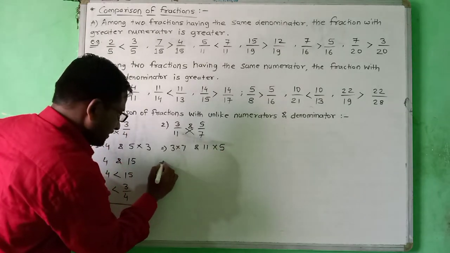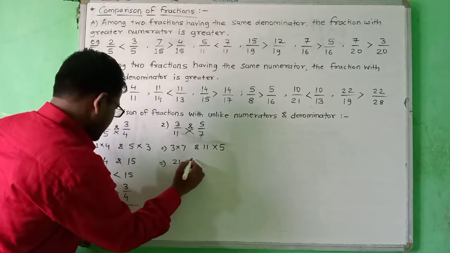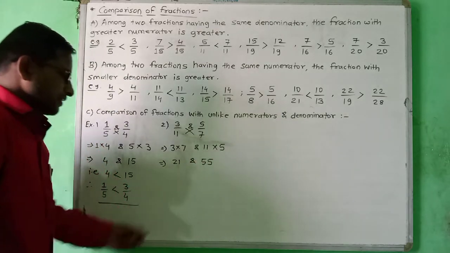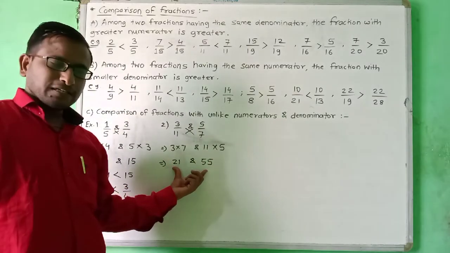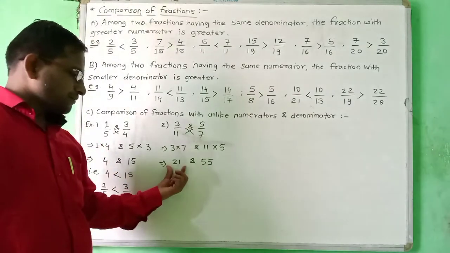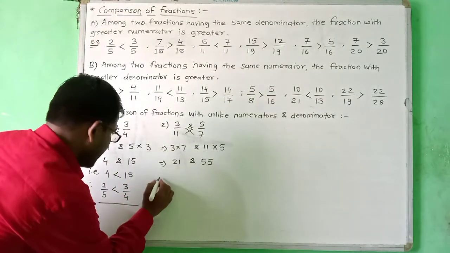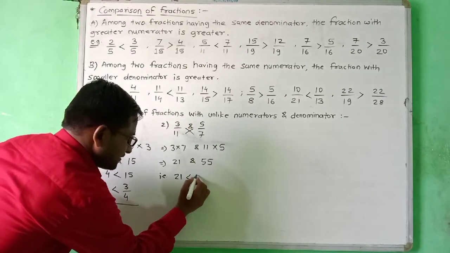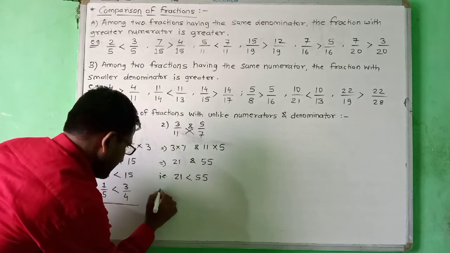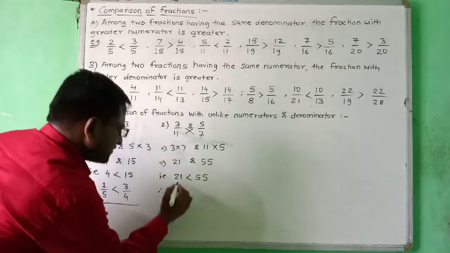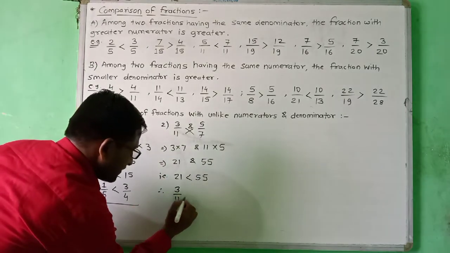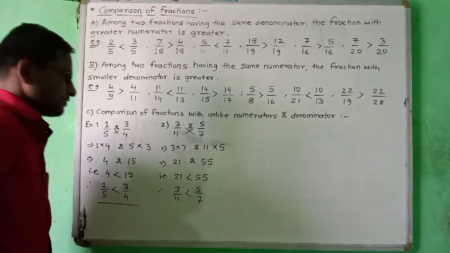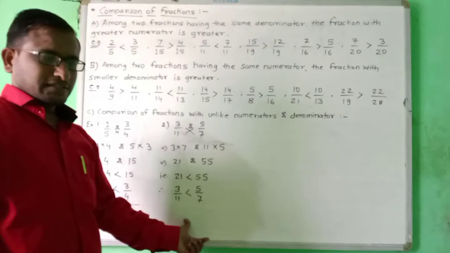Then write the answer: 3 times 7 is 21 and 11 times 5 is 55. Between these two numbers, which is greater? 55 is greater and 21 is smaller. So you write 21 is less than 55. Therefore 3 upon 11 is less than 5 upon 7.